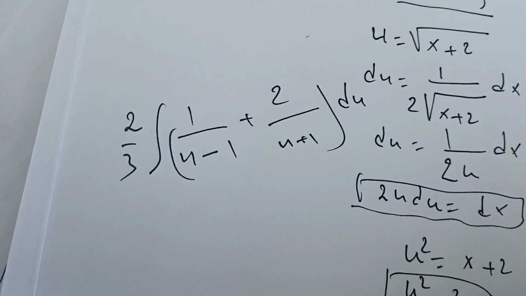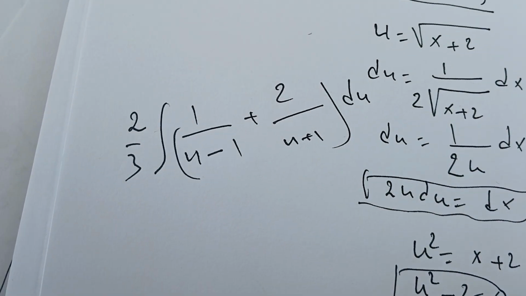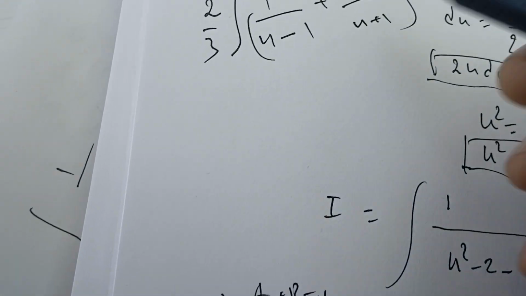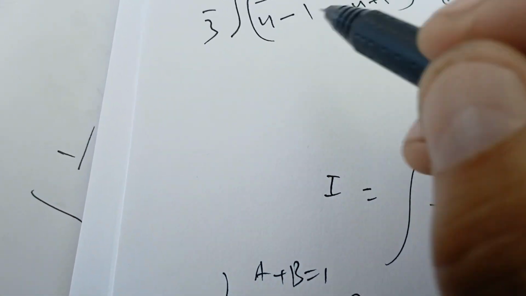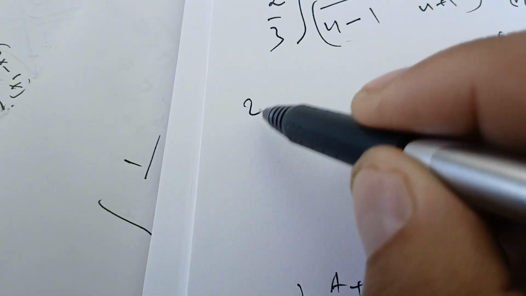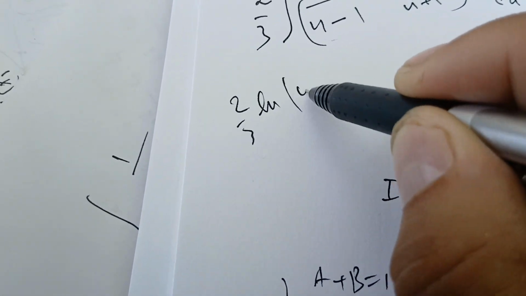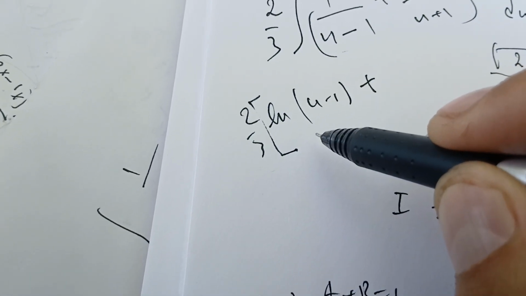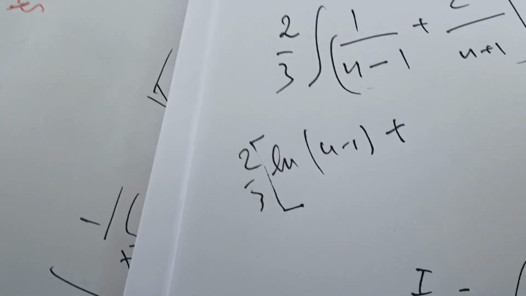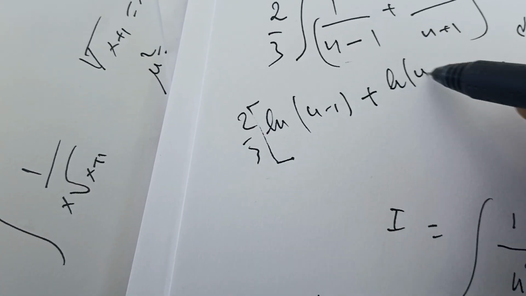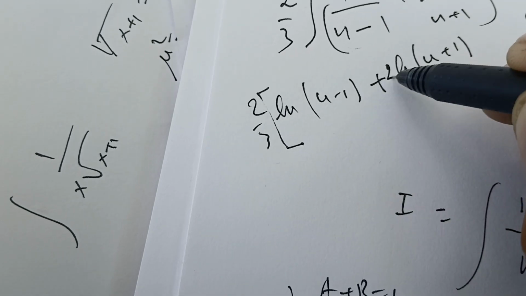So this is what I have. I can check by just cross multiplying. Now I can see what I have. This is the log of something, so this is 2 over 3 ln of u minus 1 plus, let's keep the 2 over 3 outside, 2 ln of u plus 2.